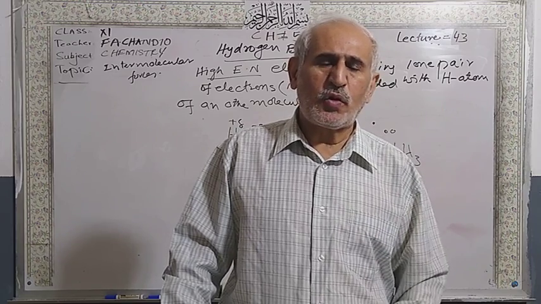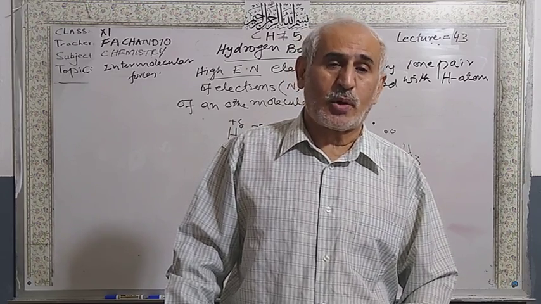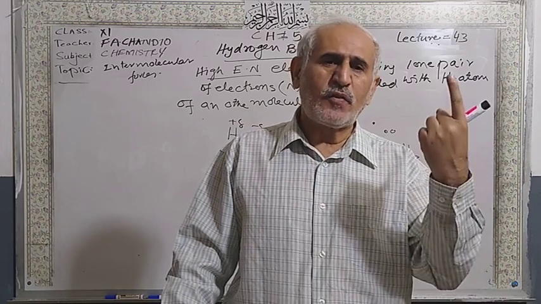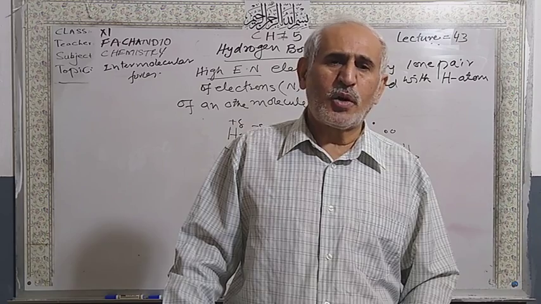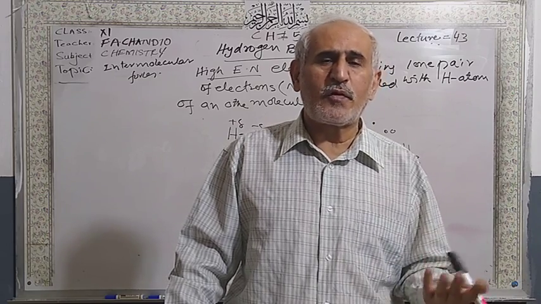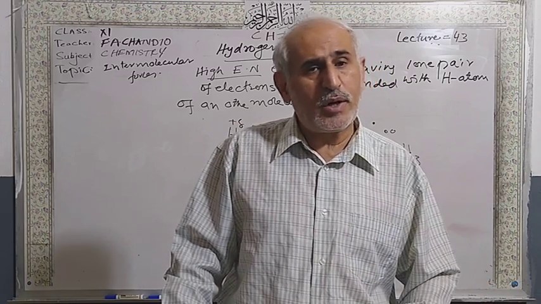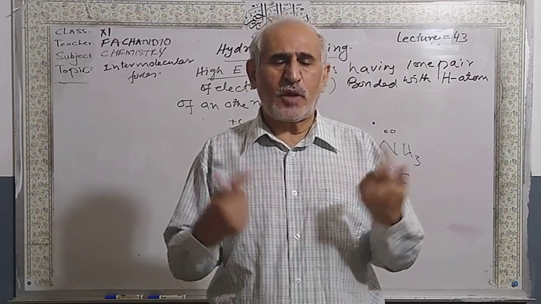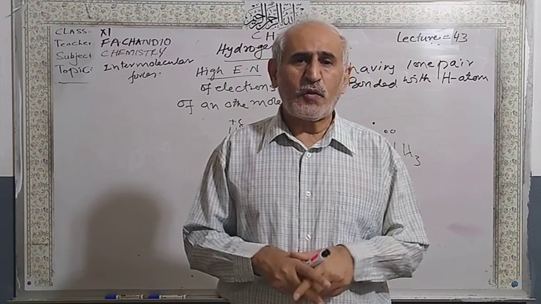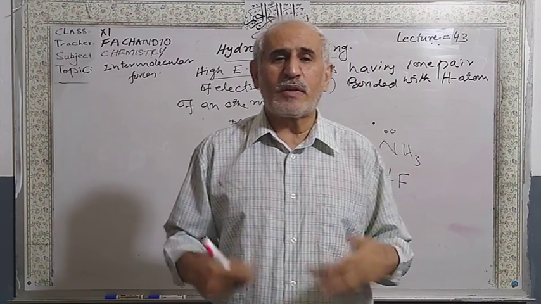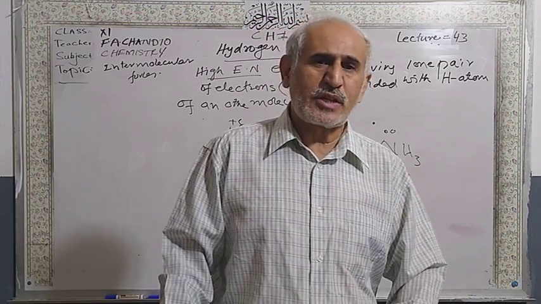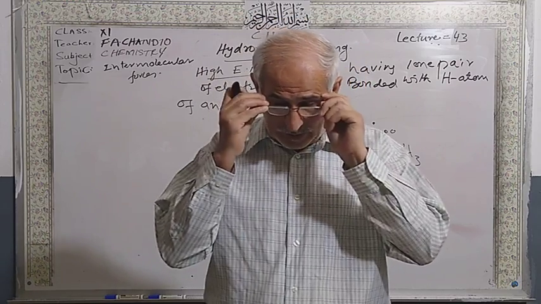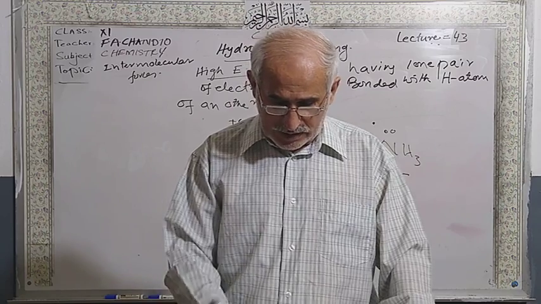One water molecule forms more than one hydrogen bond with other water molecules. Hydrogen fluoride forms only one hydrogen bond with another molecule, and ammonia also forms one hydrogen bond with another ammonia molecule. So due to this, the boiling point of water is very high as compared to hydrogen fluoride, as you can see down here.